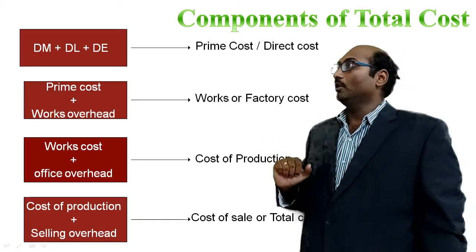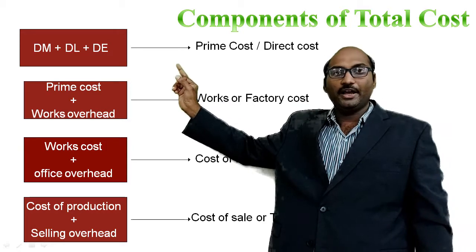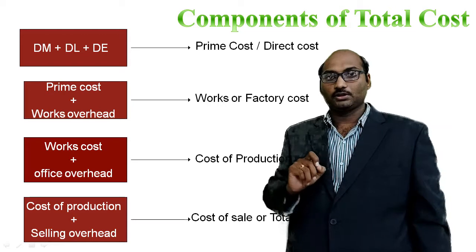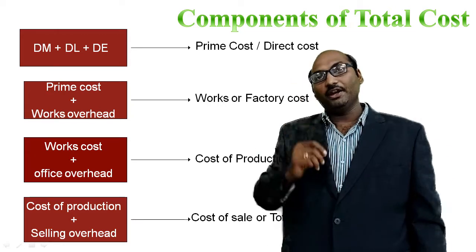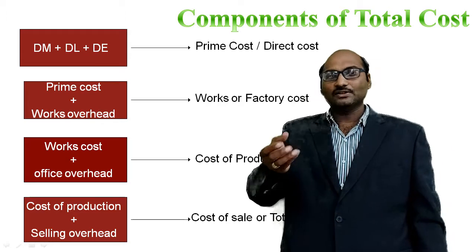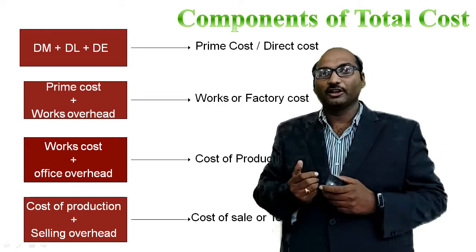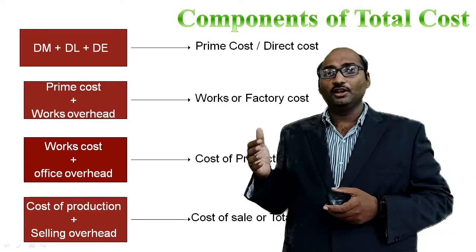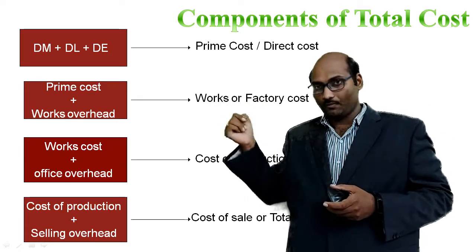The direct material, direct labor and direct expenses are referred to as the prime cost, also referred to as the direct cost. Many times if you ask a simple question, like what will be the cost of a pen, people will calculate based on the prime cost and forget all the other overheads.